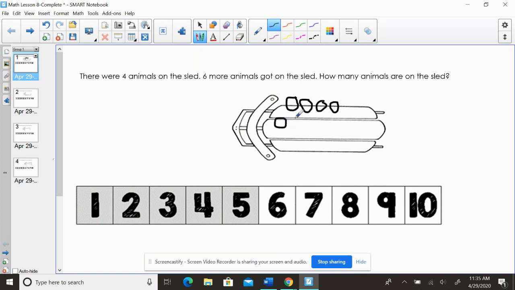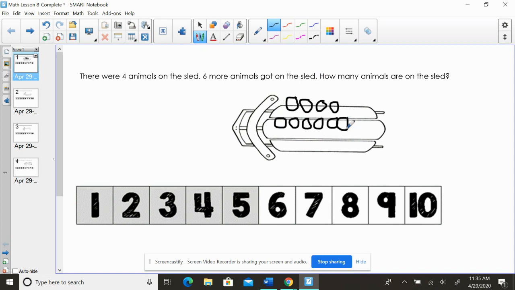1, 2, 3, 4, 5, 6. And the question is, how many animals are on the sled?